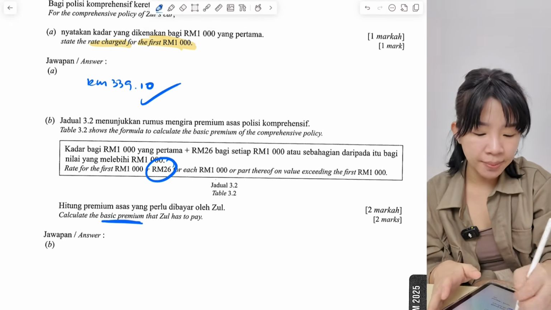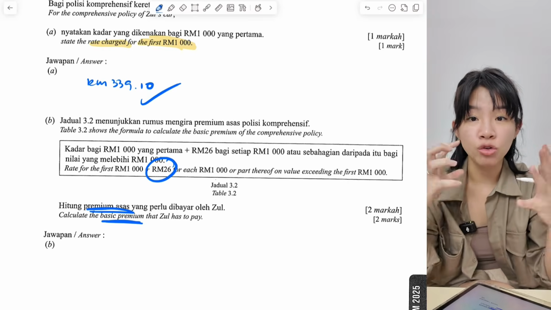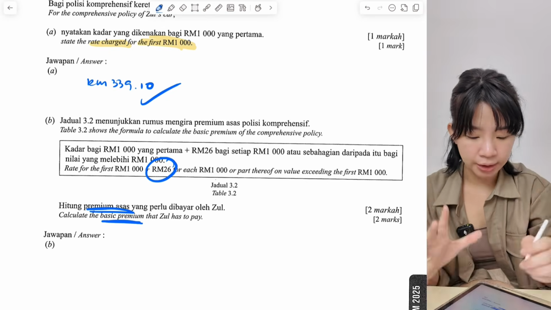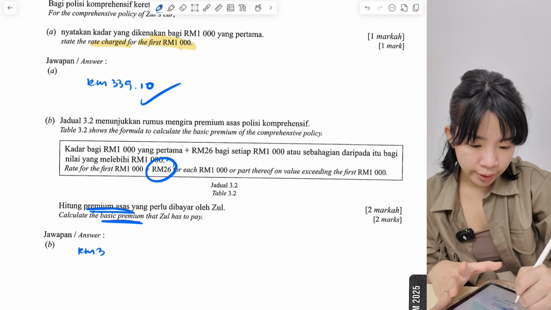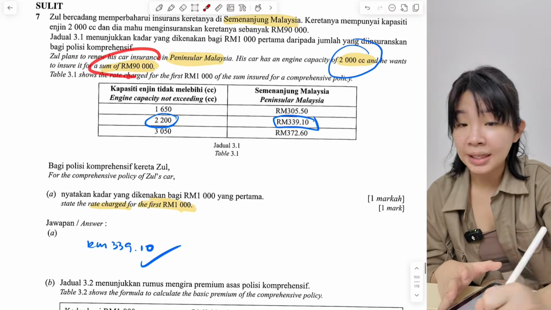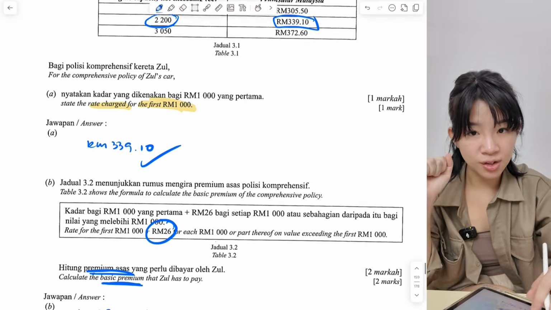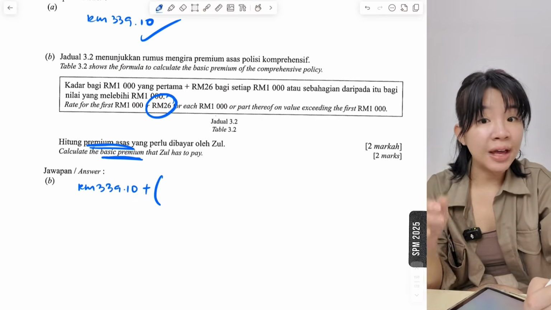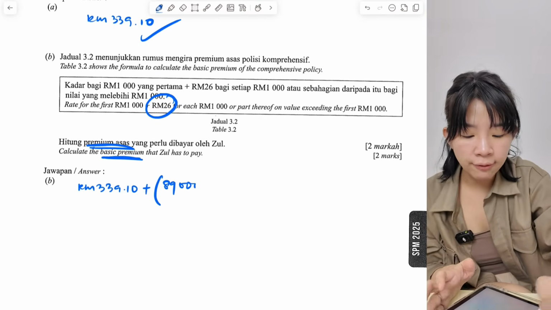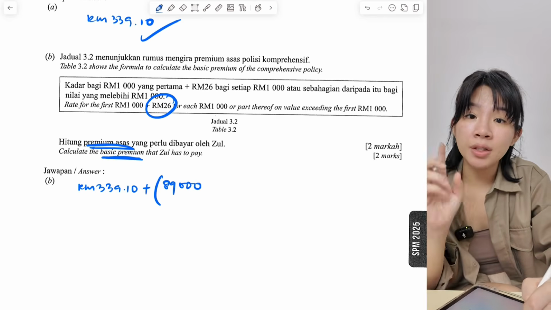All right, let's continue this one. Okay, basic premium, premium asas. Basic premium means no discount, like the original amount. Okay, the question never mentioned about NCD also. So we just calculate the original one. So 339 ringgit 10 cents is first 1,000. Okay, he wants to cover 90,000. So already cover 1,000, left how much? So isn't it left 90,000 minus 1,000? Okay, 89,000. So 89,000 have to pay how much? For every 1,000, 26 ringgit.